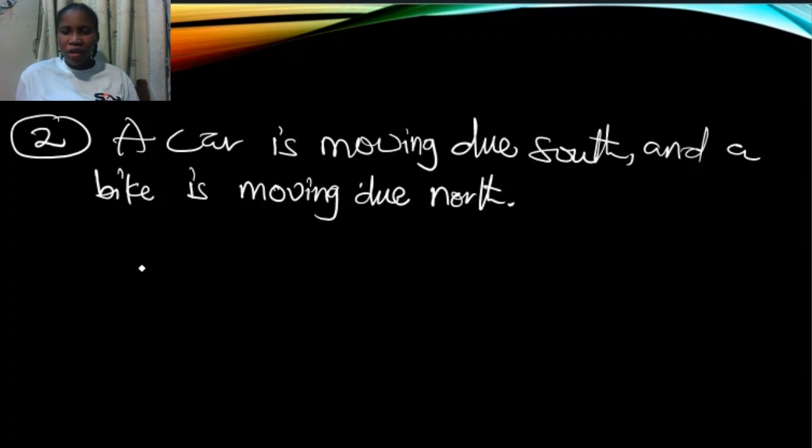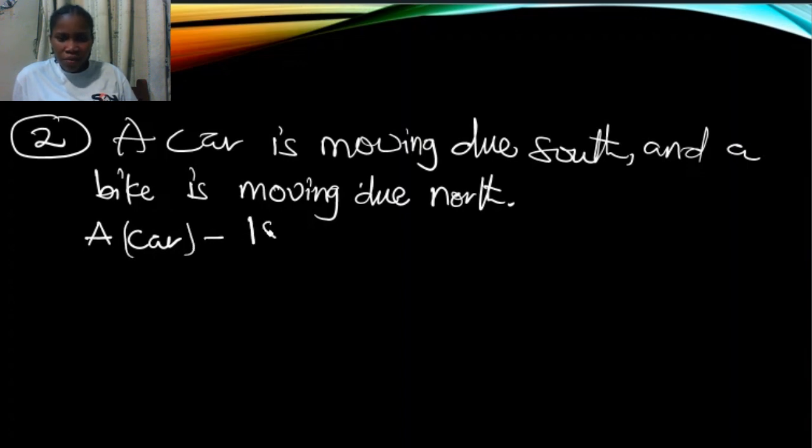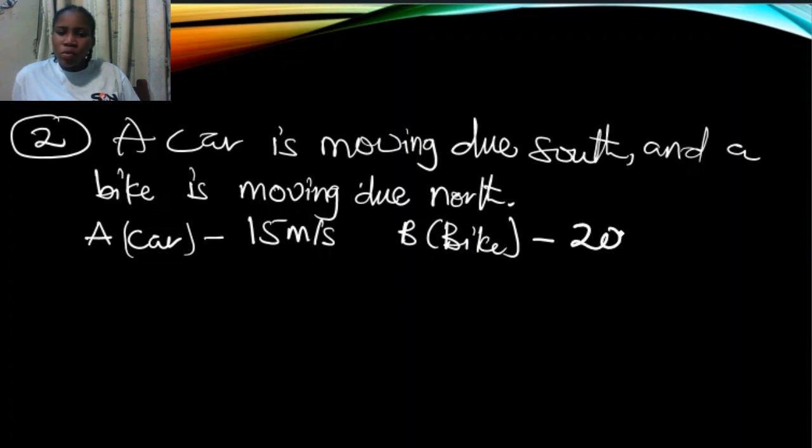So we have to find their respective velocities. For the car, that's vector A, its velocity is 15 meters per second. And for the bike, which is B, its velocity is 20 meters per second.